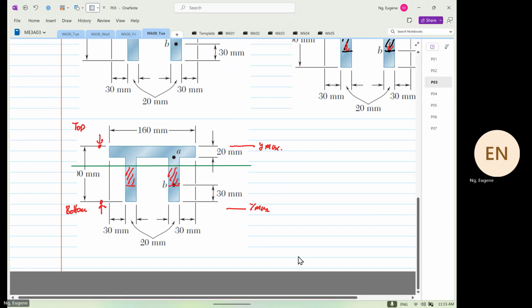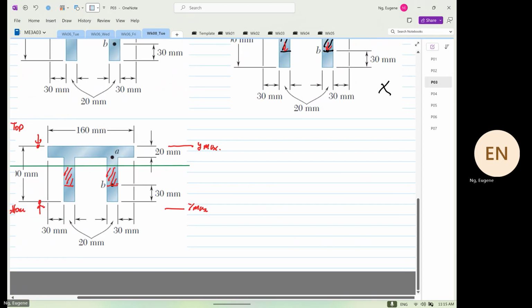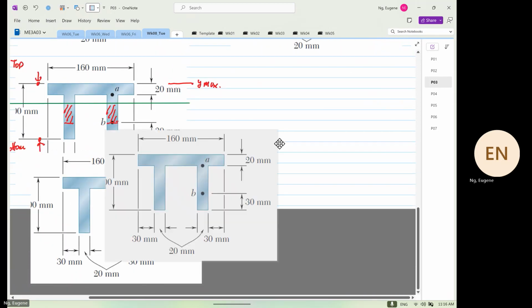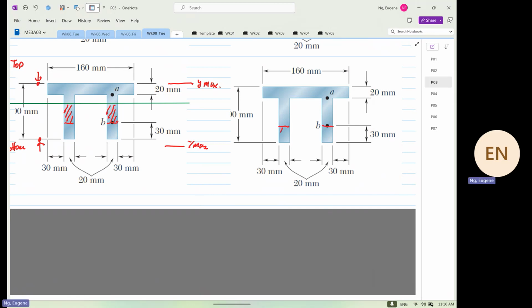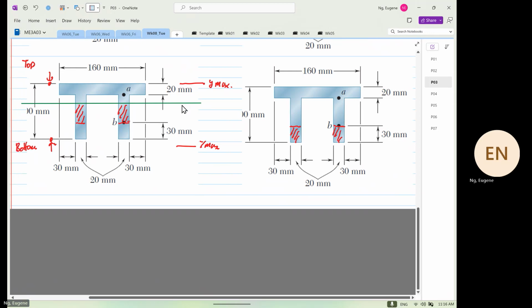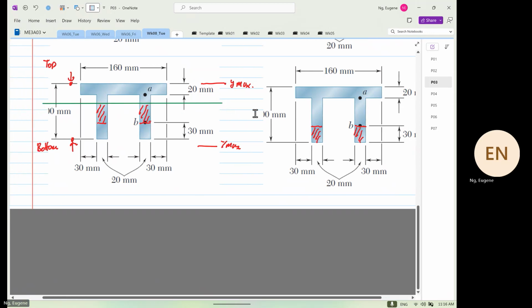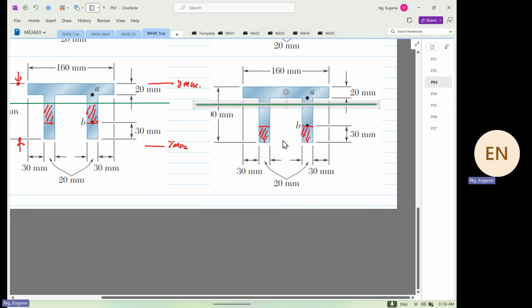The area that we're going to take is this area. And over here, this is our centroid.